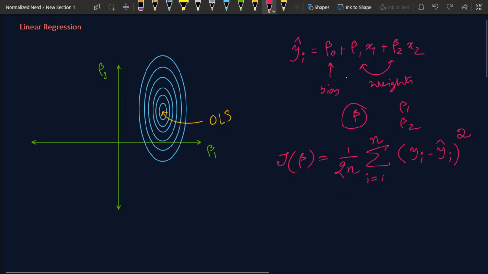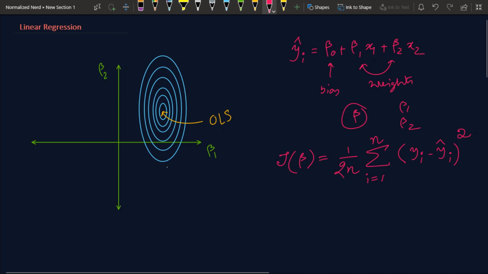Okay, so I have drawn here a contour plot of this function, and you can see that I have drawn only beta 1 and beta 2, that is the weights, and I have discarded beta 0, that is the bias, because throughout the analysis I really don't need the bias term.